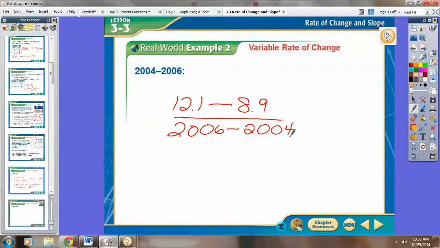So 12.1 minus 8.9 is 3.2 divided by 2. So we could go ahead and divide them. If we divide them, what do we get? 1.6. 1.6 what? Million passports issued each year. 1.6 million passports issued each year.